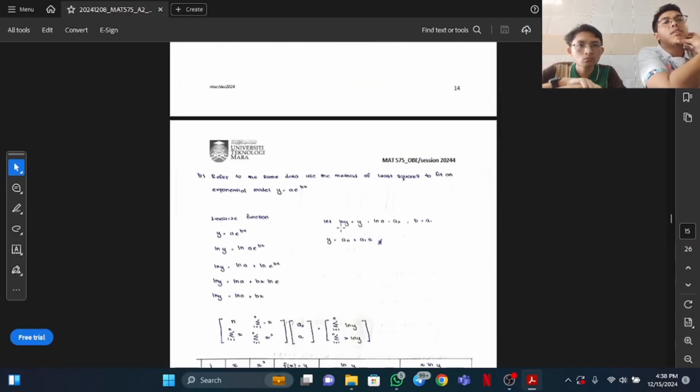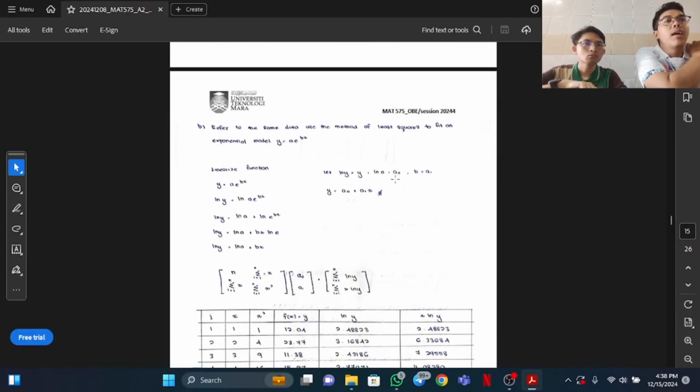And then for the question B, refer to the same data and use least square to fit the exponential model y equal to a exponent bx.